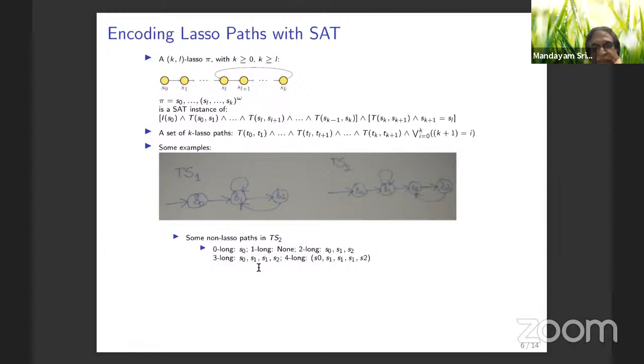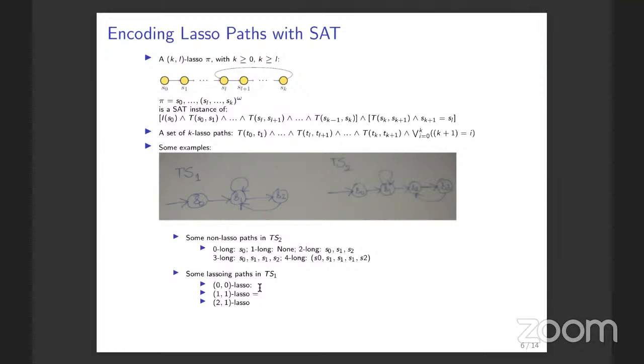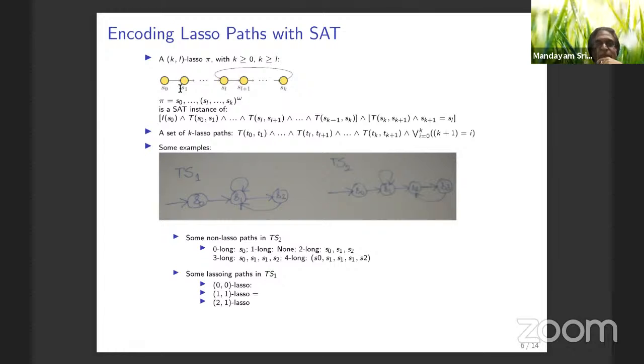Clear? Any questions there? Okay. So what are some lassoing paths in TS1? 0, 0 lasso. Is there a 0, 0 lasso? So look at the definition here.